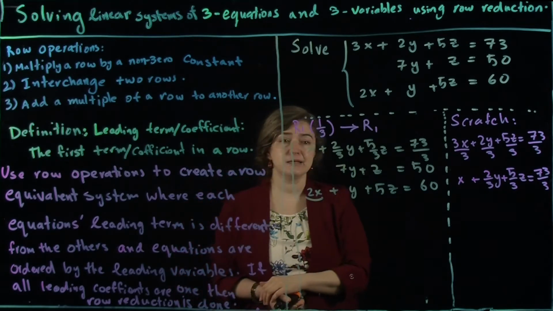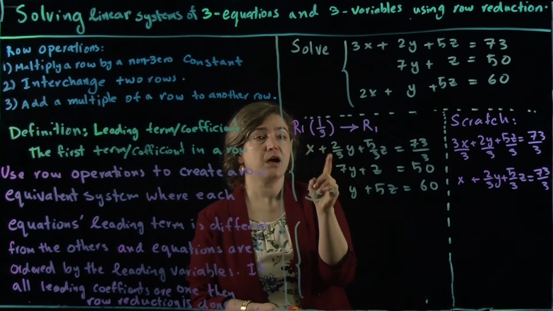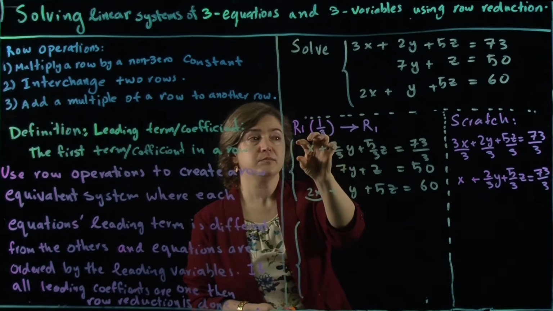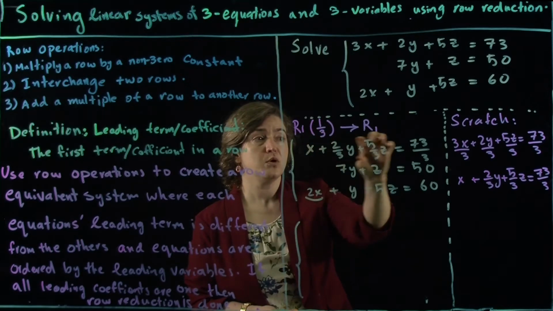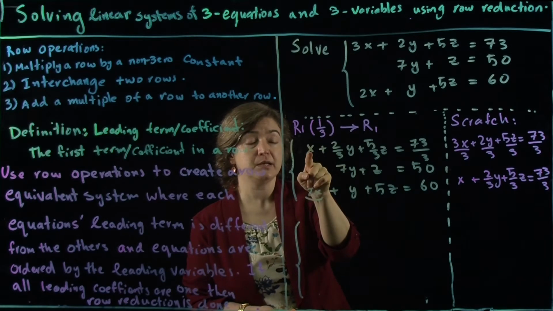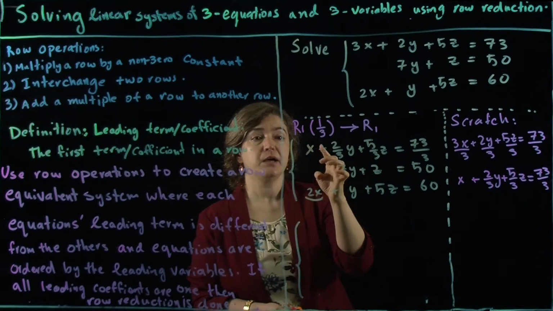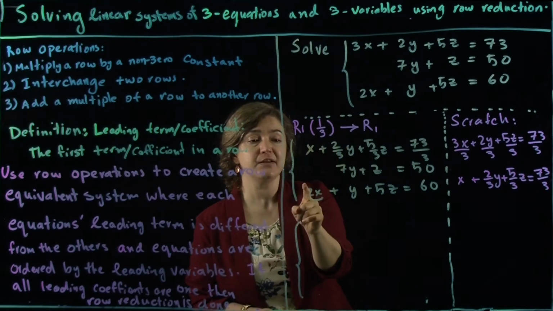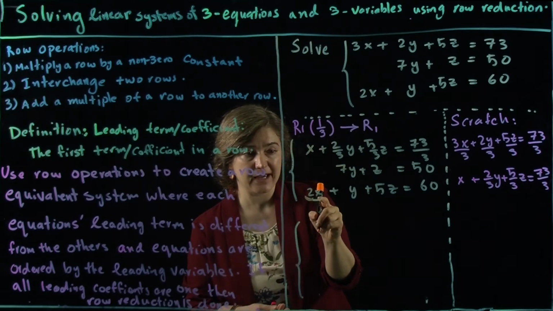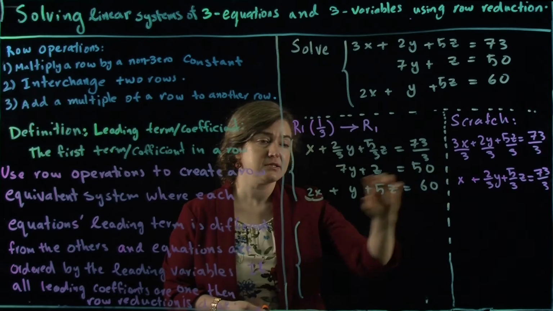So the next thing that I want to do is to eliminate 2x. How do I do it? I multiply the row that has the leading one for the same variable by the negative of the coefficient of that variable, and then I add it to this row.